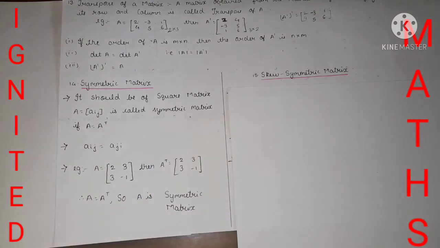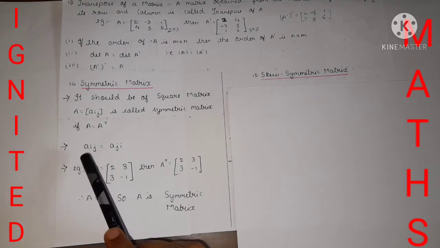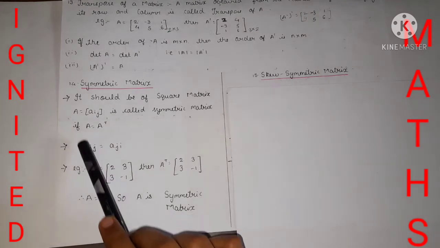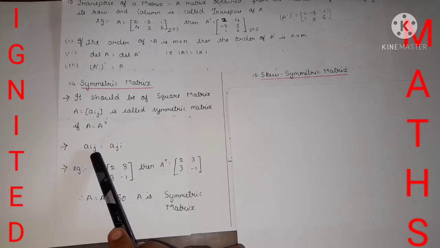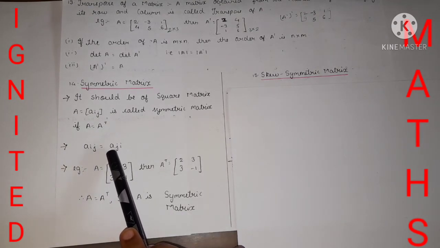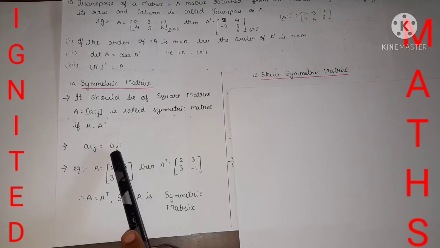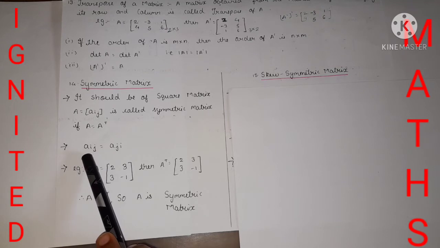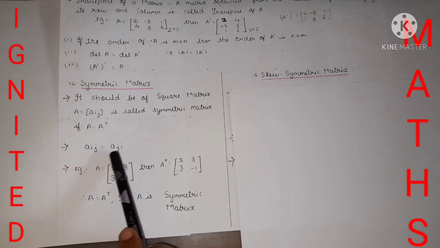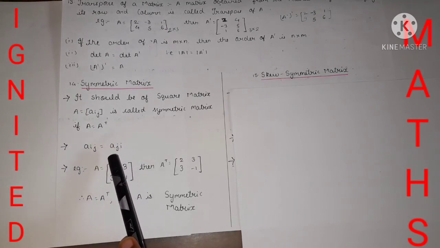A transpose is nothing but interchanging of rows and columns. Row will turn into a column and column will turn into a row, like over here Aij, where i means row and j means column, and after transposing, Aij will become Aji. So in a symmetric matrix they should be equal, then only it's called a symmetric matrix.